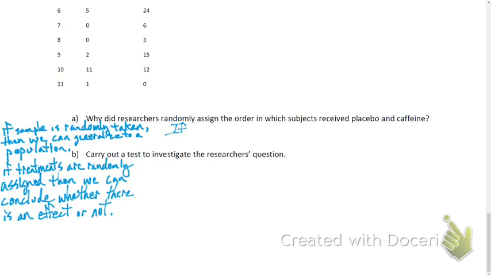if subjects... Now, before I write this, you can think of just an example of how maybe depression could be a factor in regards to maybe taking the caffeine pill first for everyone versus taking the placebo pill first for everyone, or maybe a residual effect or whatever. If you can think of an example of bias when you don't randomly assign, then that is the sentence that you're aiming for.